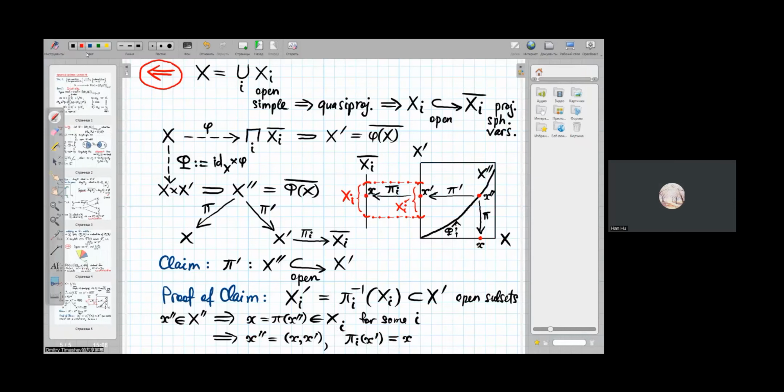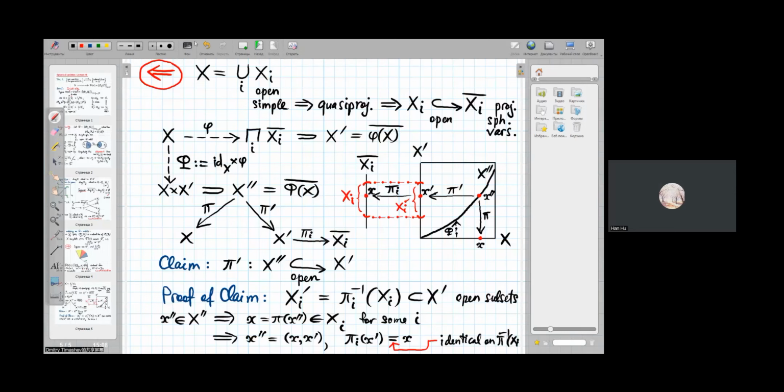So let me write it here. This holds identically on pi inverse of xi.